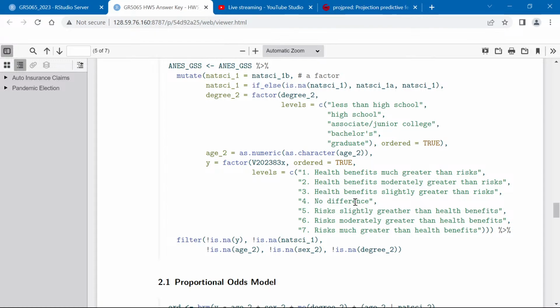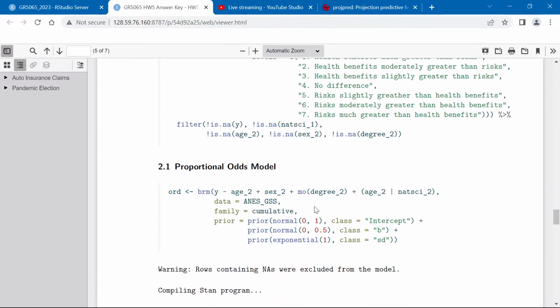As predictors, the terminal degree that the person has, their age, and then the outcome is this ordered thing as to whether research on vaccines is greater than the risk or whatever. So this has 7 categories here.